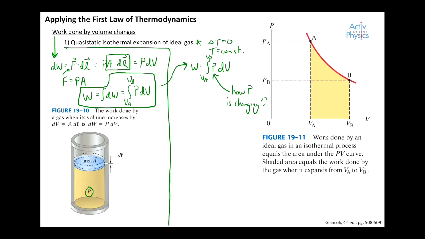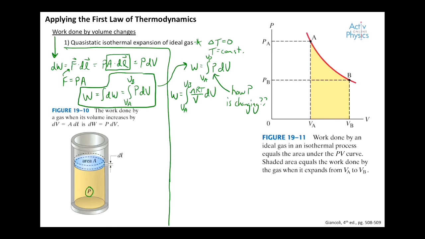So in this particular case, it says it's an ideal gas. So I'm just going to use the ideal gas law, and we will express it in terms of P such that we can write it into the equation. So now we have work equals the integral from VA to VB of nRT over V dV.